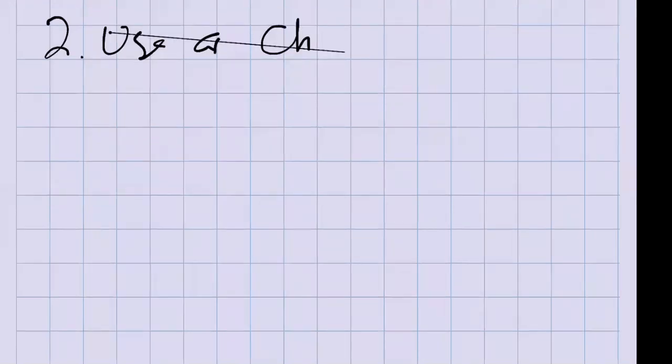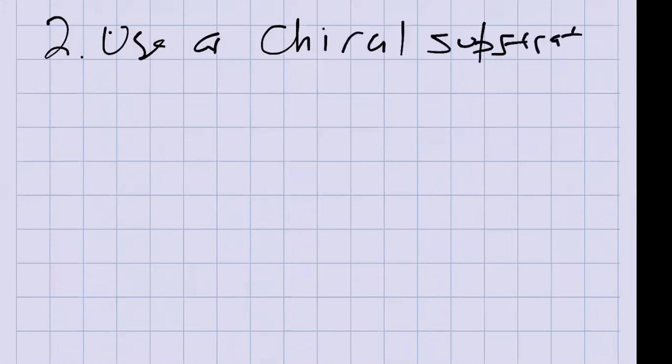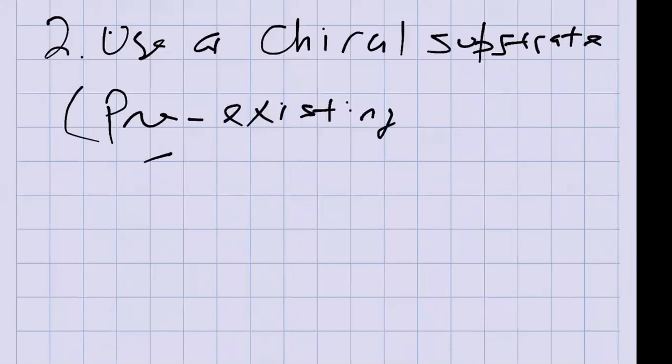So the second way to induce chirality is to use a chiral substrate, or something that has a pre-existing stereocenter.